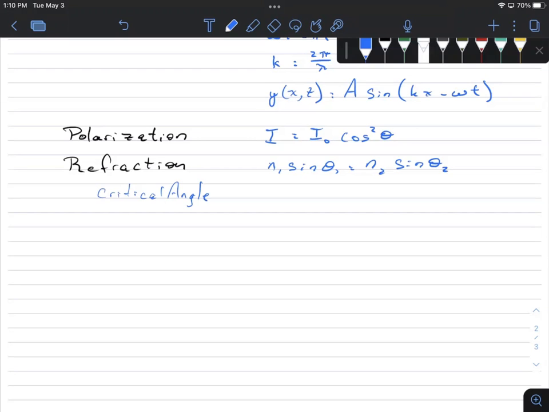If you happen to shine light from a more dense medium to a less dense medium at this very special angle called the critical angle, then the angle of refraction happens to be 90 degrees. That is to say, the light skims the surface. It does not leave into the second medium.